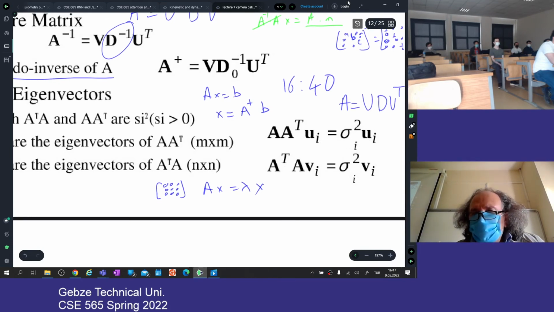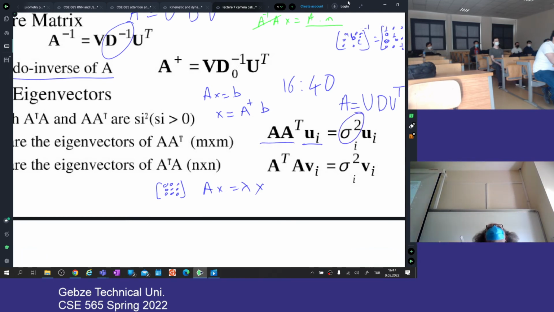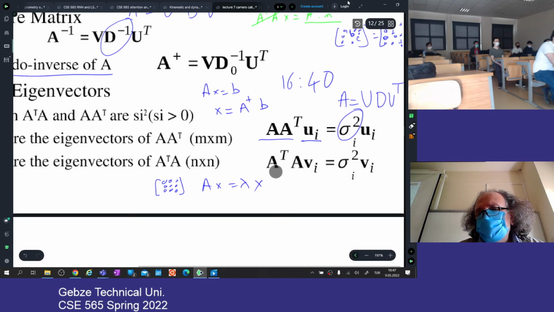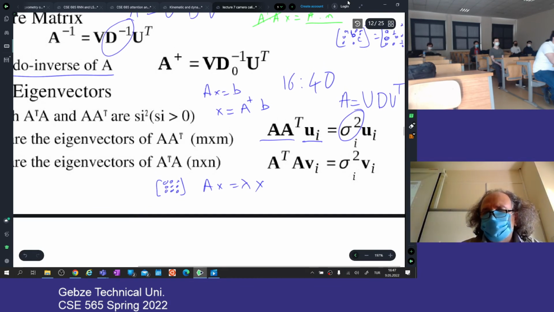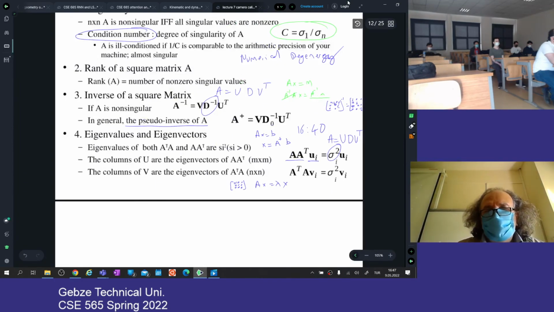That means this is the eigenvector of this matrix, and this is the eigenvalue. So the singular values are the square roots of the eigenvalues of this AAT. And if I like to do the ATA, again, this time it is the V's. So these are some nice features of the singular value decomposition technique on the matrices.